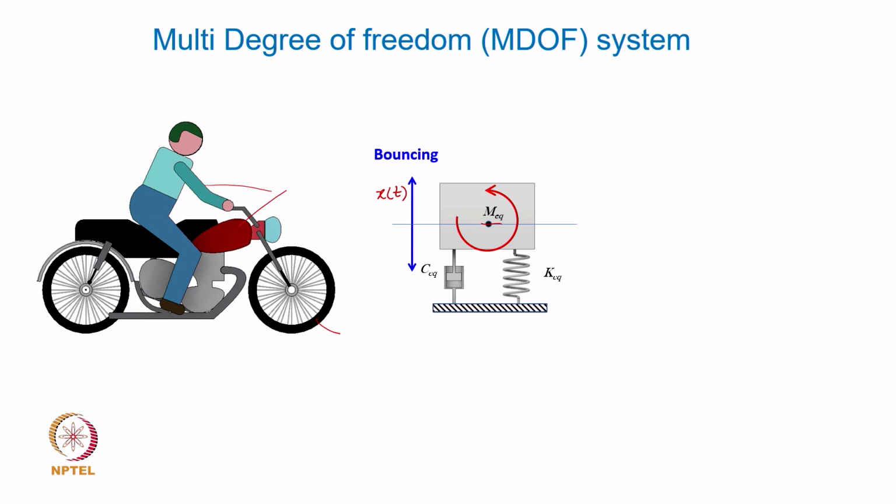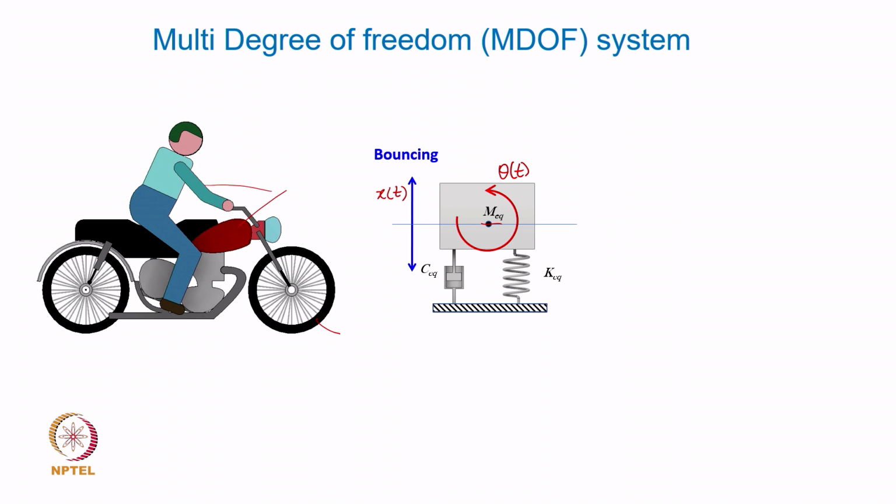This motion which is now shown here is called the pitching motion, and then you can have this system modeled with 2 degrees of freedom, maybe x of t as well as theta of t. You all have a basic understanding of what degree of freedom means for a given system.